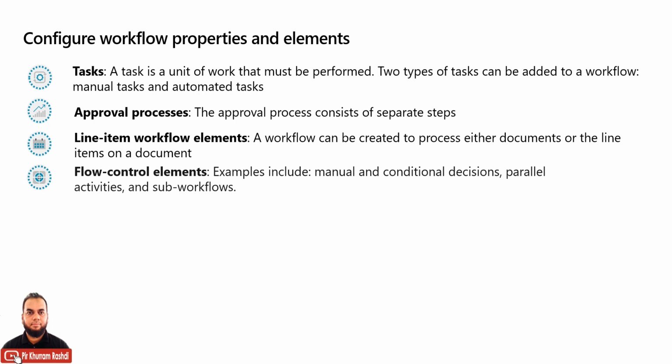And flow control elements are, for example, manual decisions, deciding on the basis of a certain value of the document, for example, the quality of inventory. And then there can be conditional decisions, for example, the total amount of a purchase order.